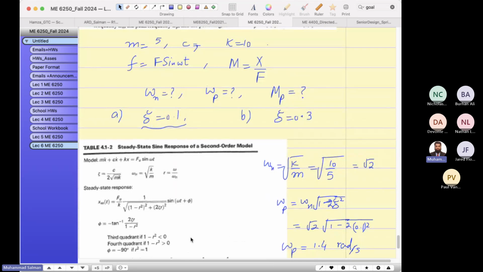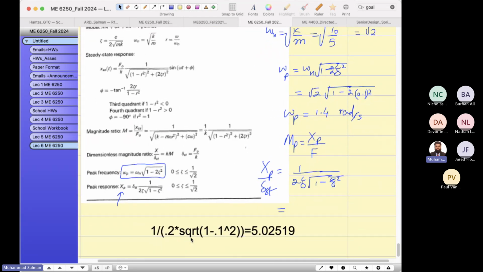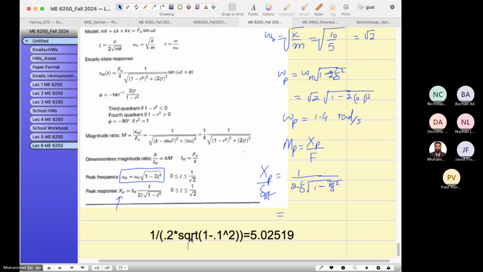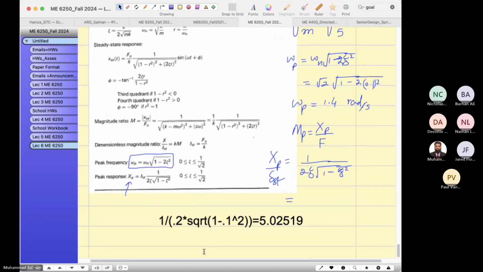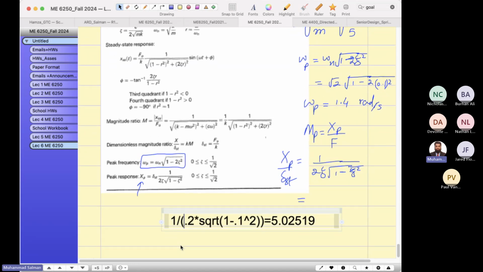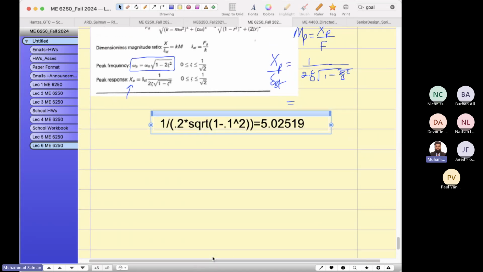Is it correct? Can you verify this, or am I making some mistake here? 0.2, 0.1. Don't, oh yeah, just divide by k? Yes, you're right. We should divide by K.